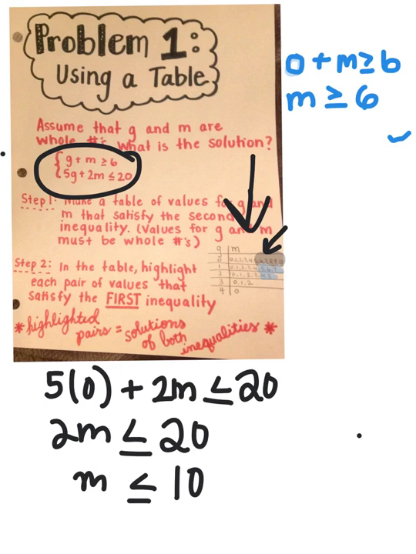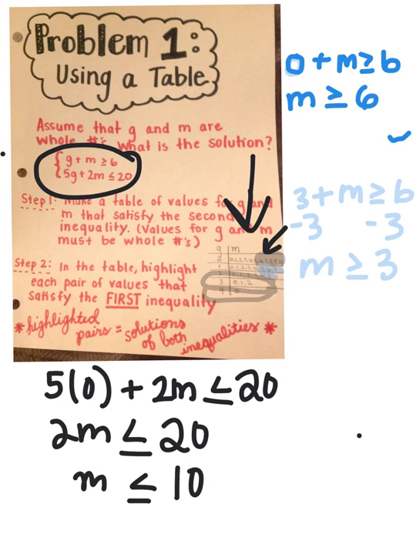If I plug in 3 for g in my first inequality, so 3 plus m is greater than or equal to 6, I subtract 3 from both sides, and I get that m is greater than or equal to 3. Because m must be greater than or equal to 3, look right here, in my when g equals 3 column, I don't have anything greater than or equal to 3, so I can't highlight anything. And the same thing goes for the column below when g equals 4.